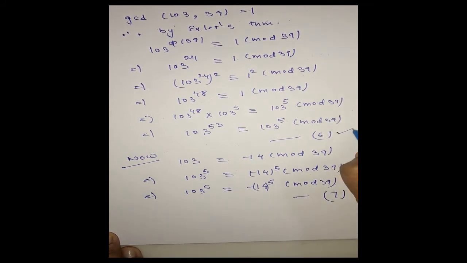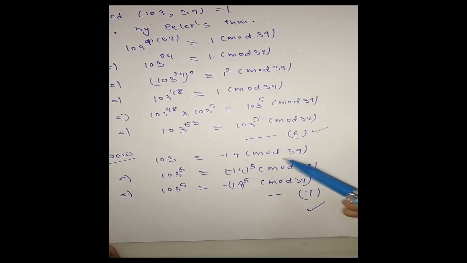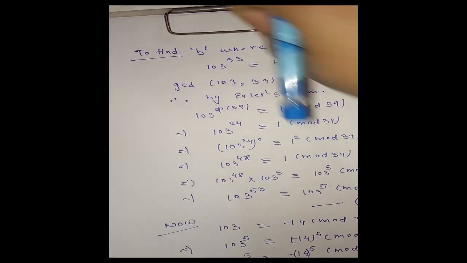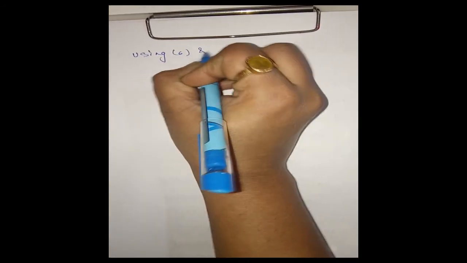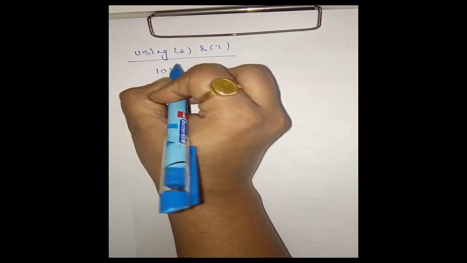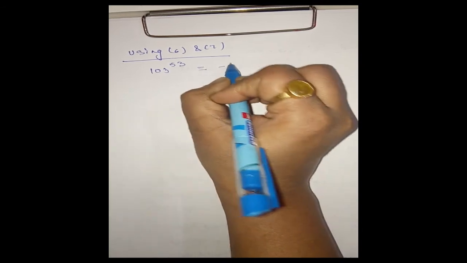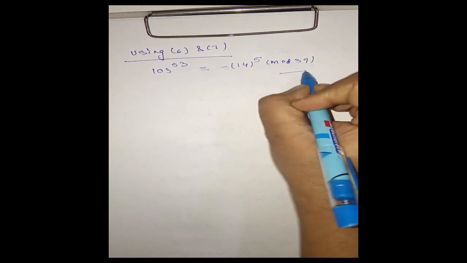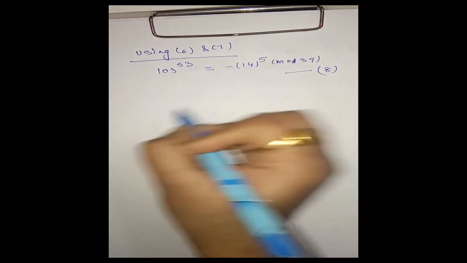Now using 6 and 7, we have 103 power 53 is congruent to minus 14 power 5 modulo 39. Mark this as 8.